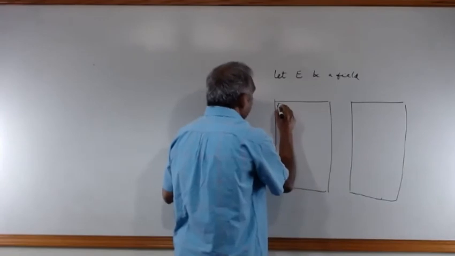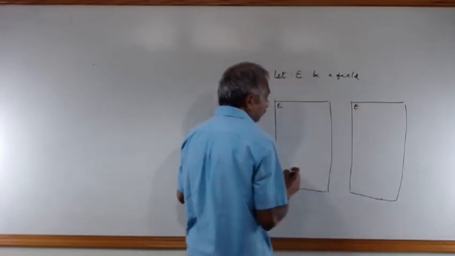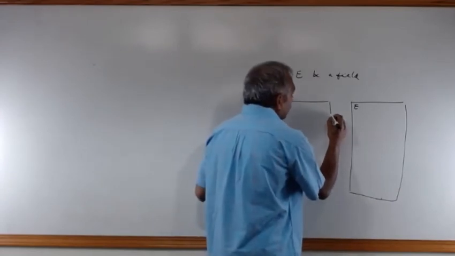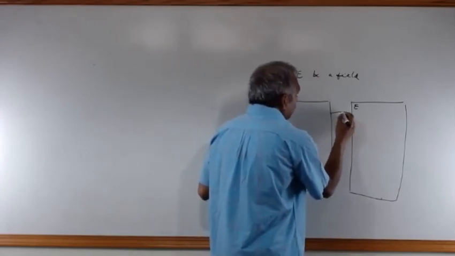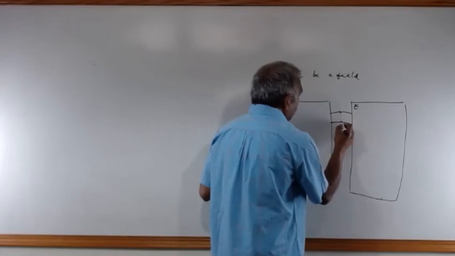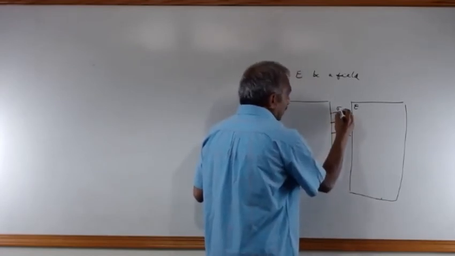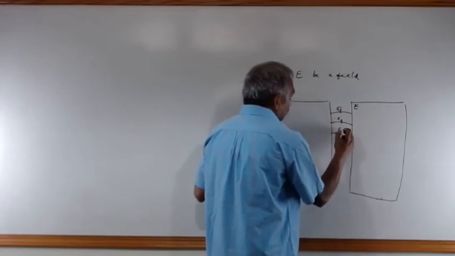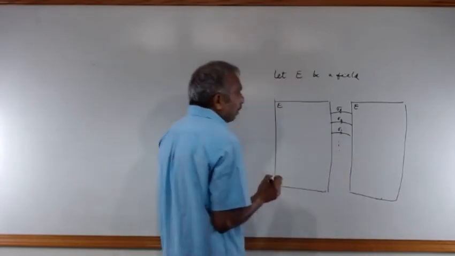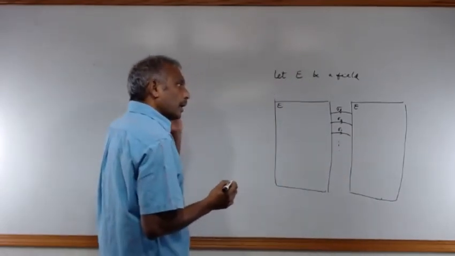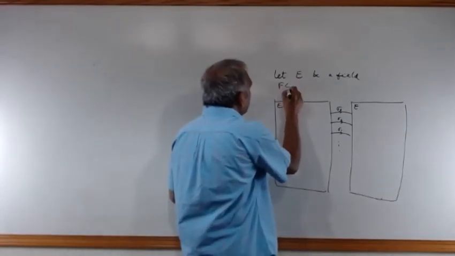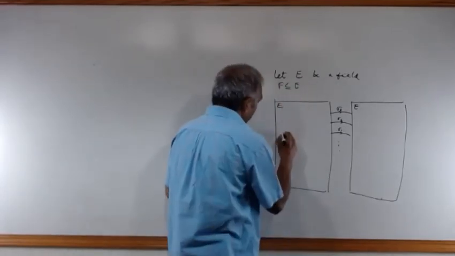Both are the same field E. And we know that the collection of automorphisms from E to E, on E, sigma 1, sigma 2, sigma 3, etc., forms a group under composition. And let us assume that there is a subfield of E.